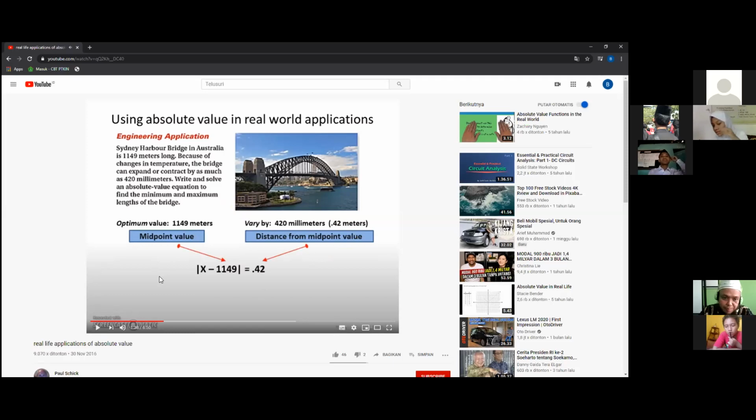In the title, the Sydney Harbour Bridge in Australia, because of change in temperature, the bridge can expand or contract by as much as 420 millimeters, or if it is converted to meters, it becomes 0.42 meters.